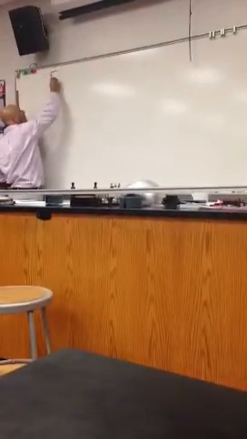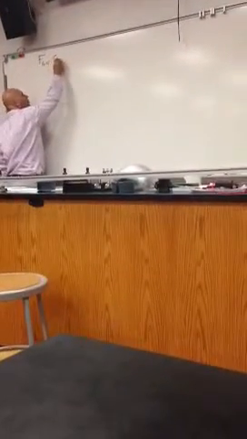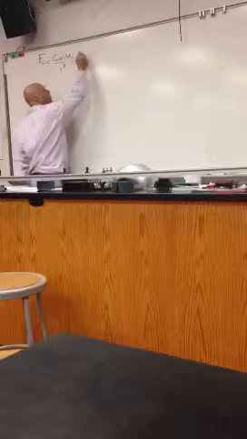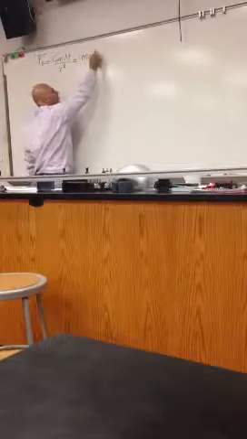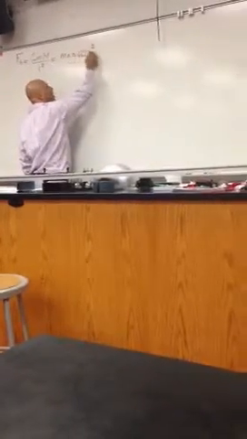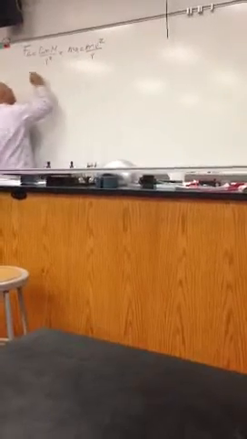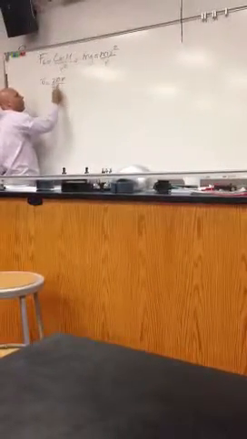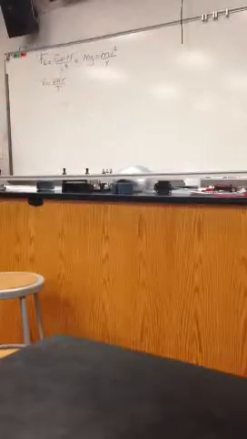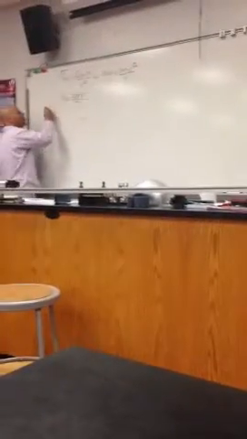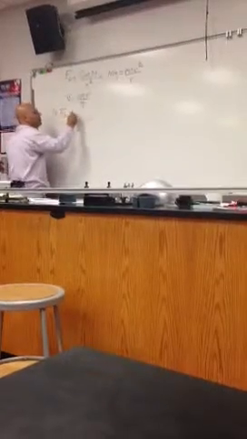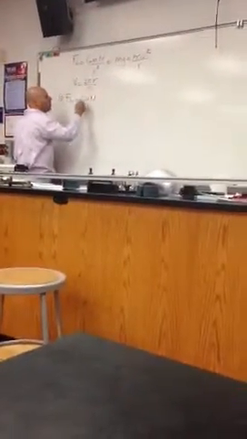Understanding that Fg is equal to GMm over R squared, which is equal to mg, which is equal to mv squared over R. Most of the equations are coming from here. V is 2 pi R over T if it's a circular path. Then Fg is GMm over R squared.